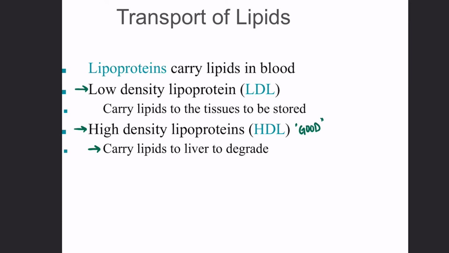Low density lipoproteins are considered kind of bad because they can move through tissues to be stored, and they can actually cause buildup within arterial walls. And so this can cause plaques down the line. And so these are not very good for you.